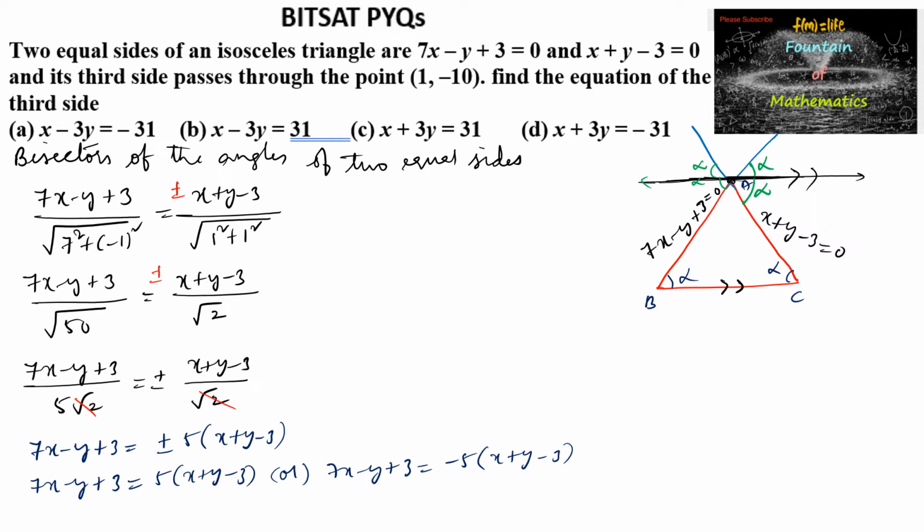So here it is 7x minus 5x, that is 2x, minus y minus 5y, that is minus 6y, and plus 3 and again plus 15, so plus 18 is equal to 0. Or we can add: 7x plus 5x, that is 12x, minus y plus 5y, that is plus 4y, and plus 3 and again minus 15, that is minus 12, is equal to 0.